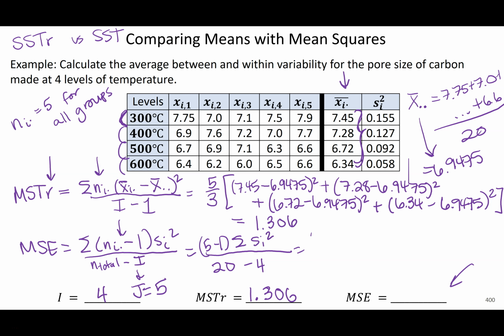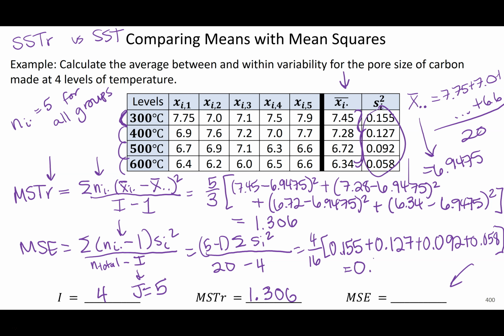So you're going to get 4/16 times 0.155 plus, now I'm looking here, 0.127 plus 0.092 plus 0.058. Well, I should probably have a square bracket. So then I'll end up getting like 0.108. So my mean square error here is 0.108.